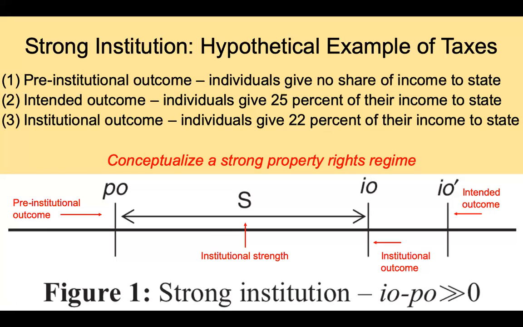Now, this is the example of taxes, but we could also give the example of, say, mining regulations and compliance with mining rules or laws about what practices mining companies or natural resource producers have to comply with.